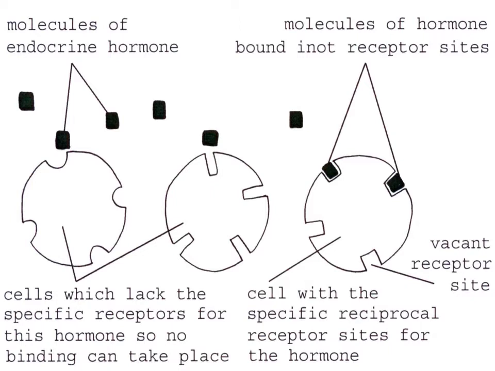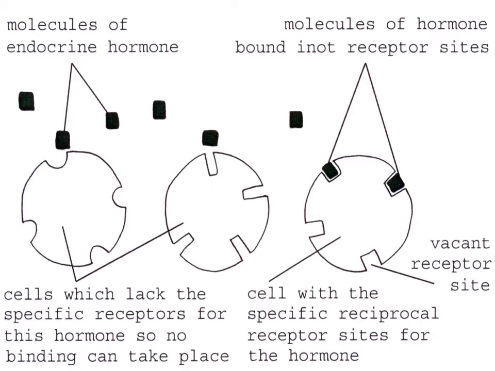But it takes both. It takes the signal molecule, which is the endocrine hormone, and it takes the receptor. One on its own will not give a physiological response. We could indeed say that it takes two to tango.